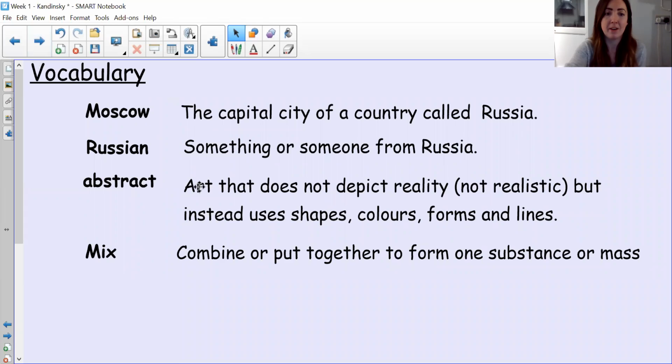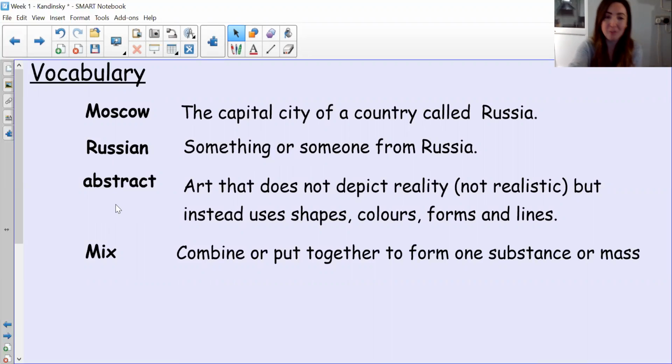And some vocabulary that we're going to be looking at today. We have the word Moscow. Moscow is the capital city of a country called Russia. Russian means something or someone from Russia.